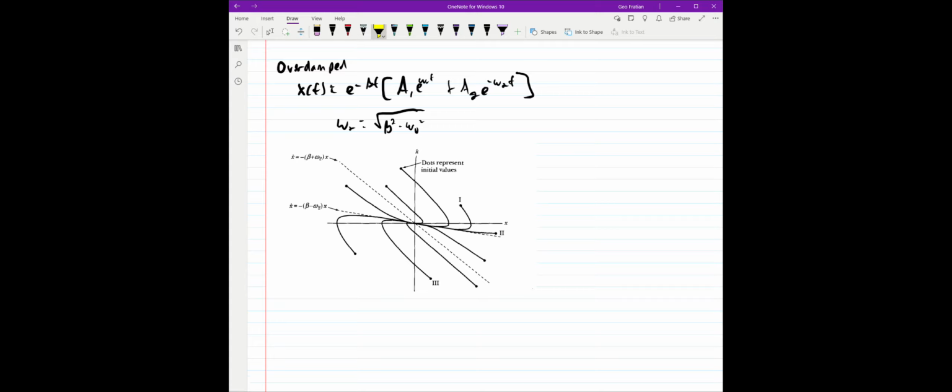But in the second case, right here, x dot is negative. So it basically wants to approach 0 back.